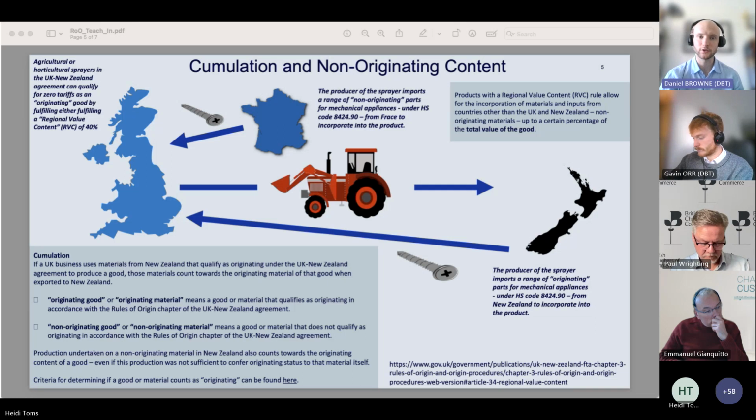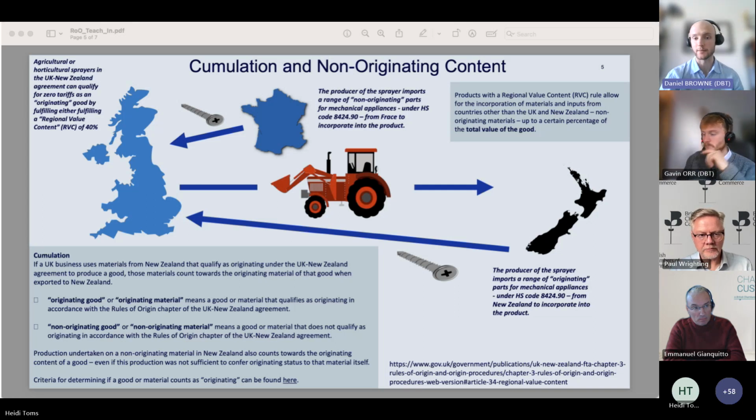Let's say they've done some processing on it to make it suitable for some casing on this sprayer. Even if that processing is not enough to mean that that material counts as originating in itself in the agreement, it's not enough to be counted as originating material from New Zealand, the processing that was done to make it suitable to be casing can be accumulated under the agreement. And the producer of that material, the processor who is doing that work, will be able to provide proof for that when you're claiming preference.